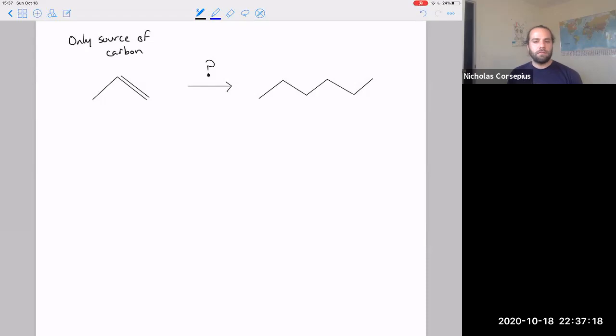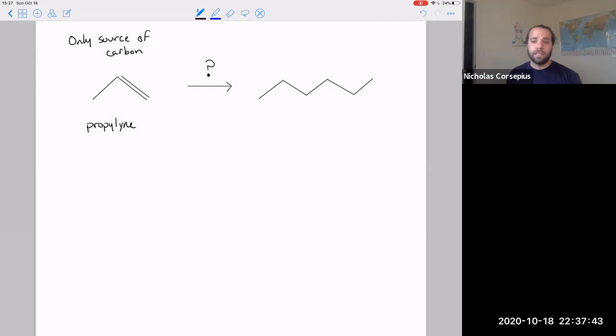So can you name this guy? So this would be propyne. You might be tempted to call it 1-propyne, but since there's no such thing as 2-propyne, we can just call it propyne. But I'm going to say that this can be your only source of carbon, and I want you to create hexane from it.